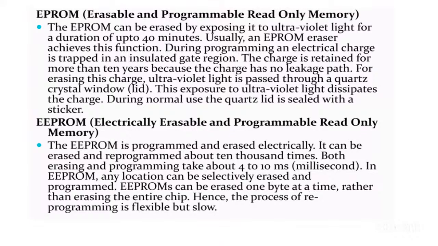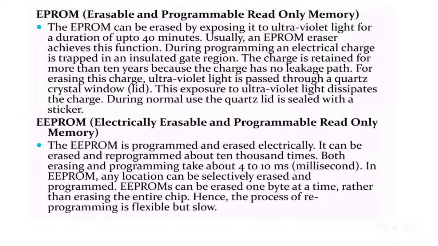EPROM, erasable programmable read-only memory. The EPROM can be erased by exposing it to ultraviolet light for a duration of up to 40 minutes. Usually, an EPROM eraser achieves this function. During programming, an electrical charge is trapped in an insulated gate region.